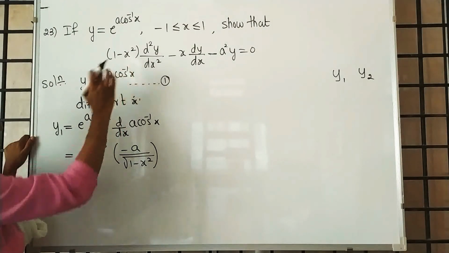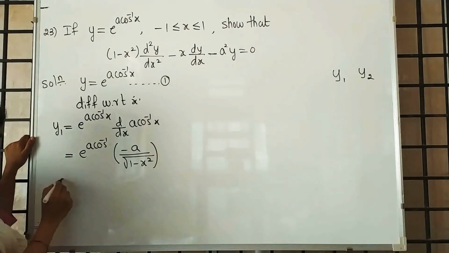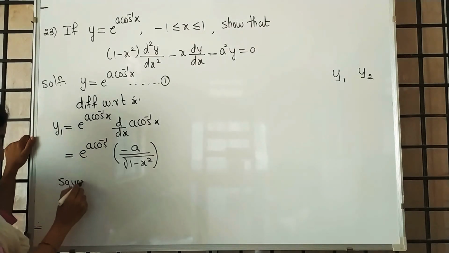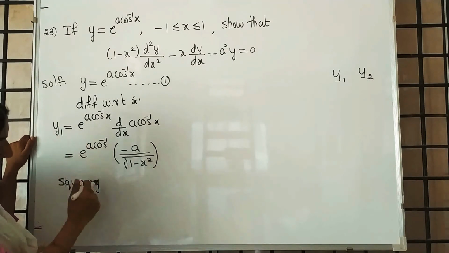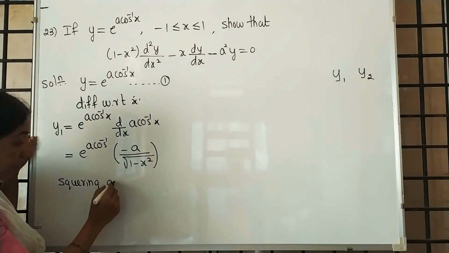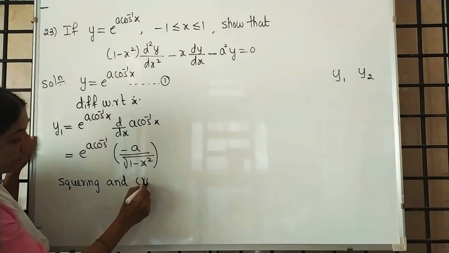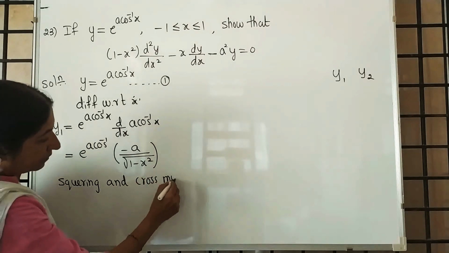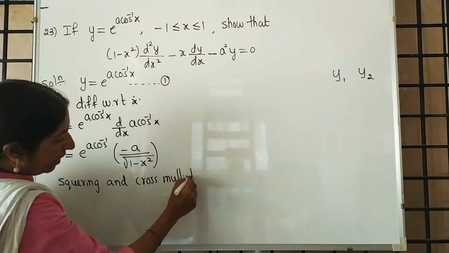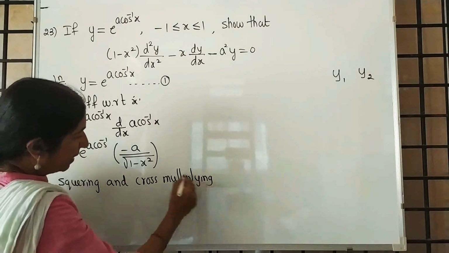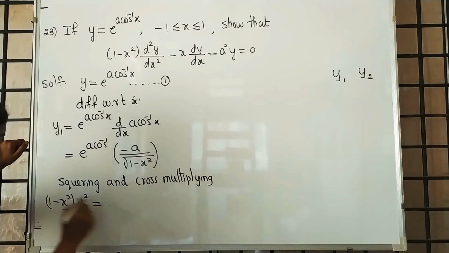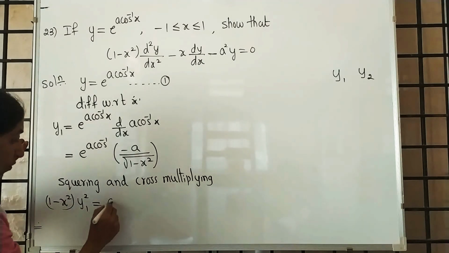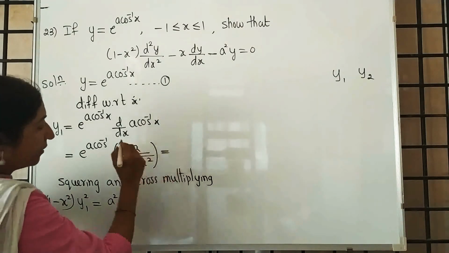See, in the answer we don't have a square root. That's why, instead of u by v, u into v is simple. To apply that, squaring and cross multiplying. So it is 1 minus x square into y1 square is equal to, before that I will do one step.